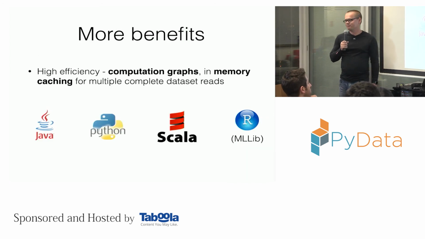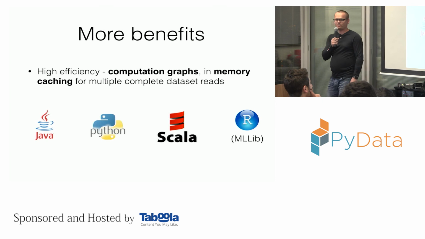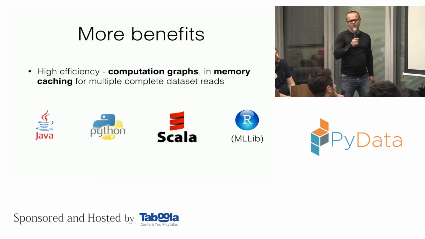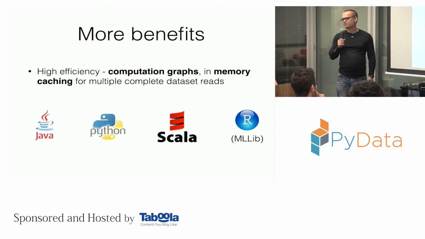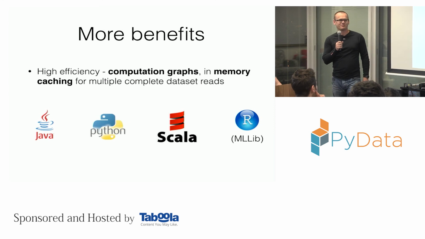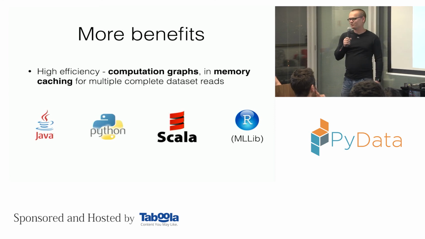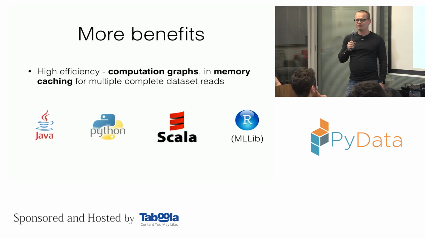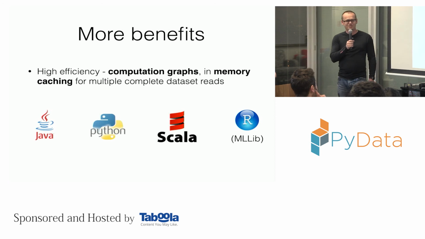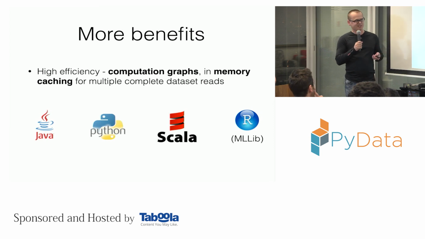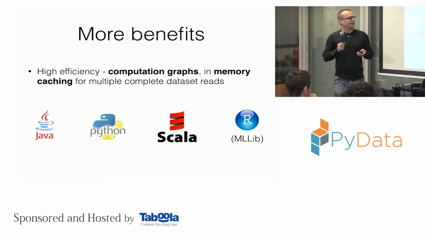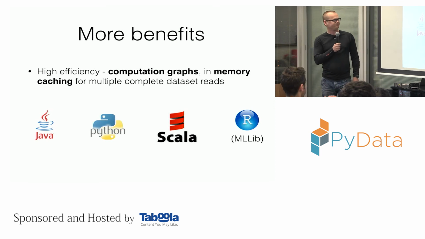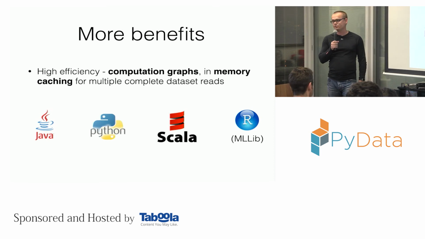Okay, some more benefits about Spark. It operates in a graph computation way. Those of you who are familiar with TensorFlow or DyNet way of thinking, when you compose functions one on top of another and then ask them to be executed, that's exactly what is happening with Spark. And you have several languages you can use when you program.